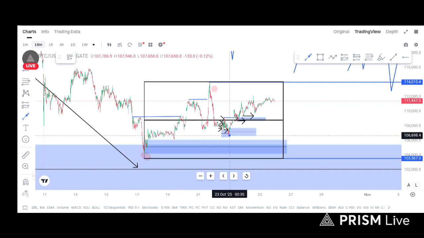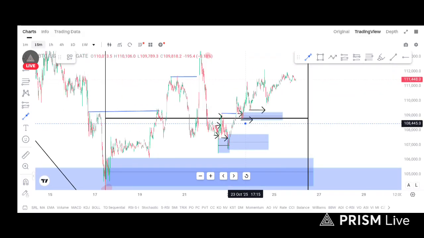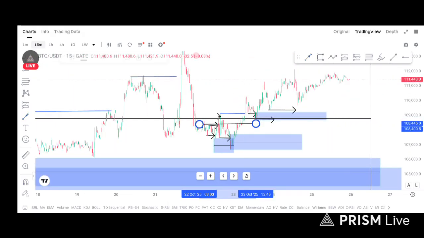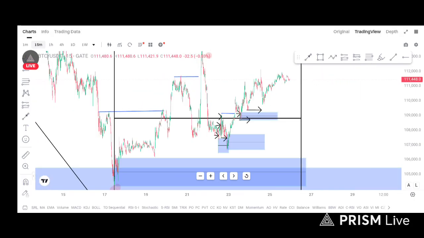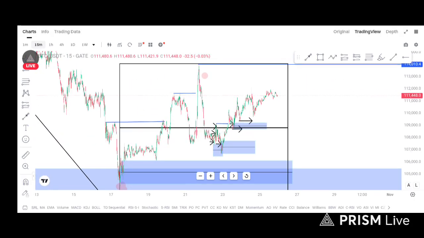Market came to the discount zone and started buying. You just switch to buyers ASAP, you just start looking for entry.